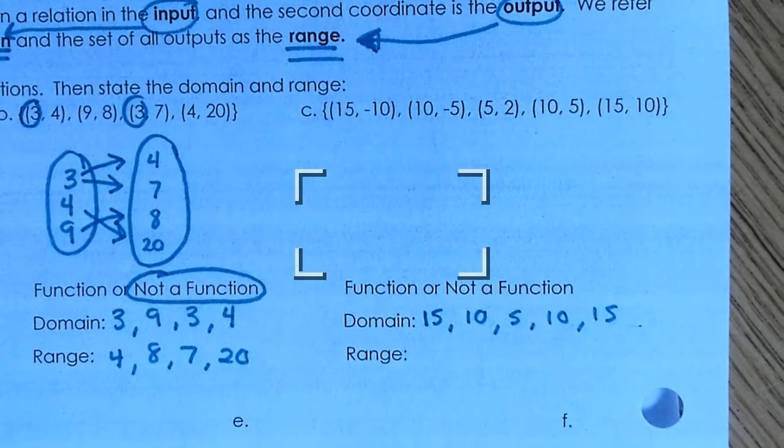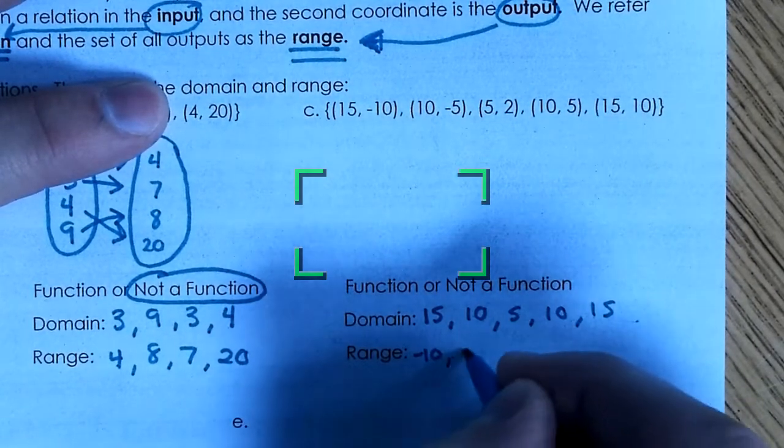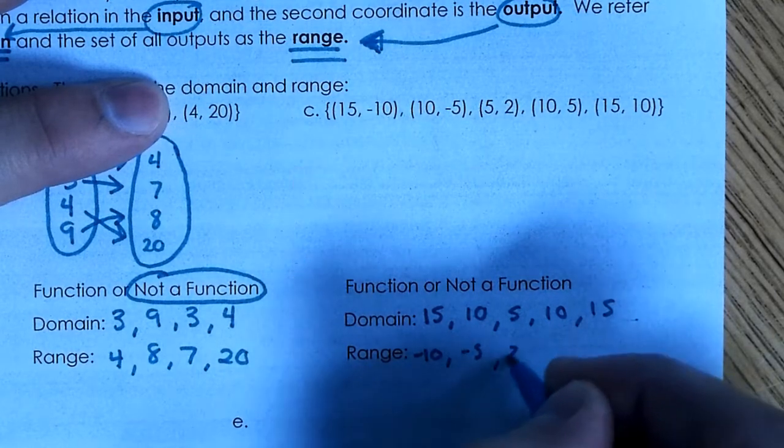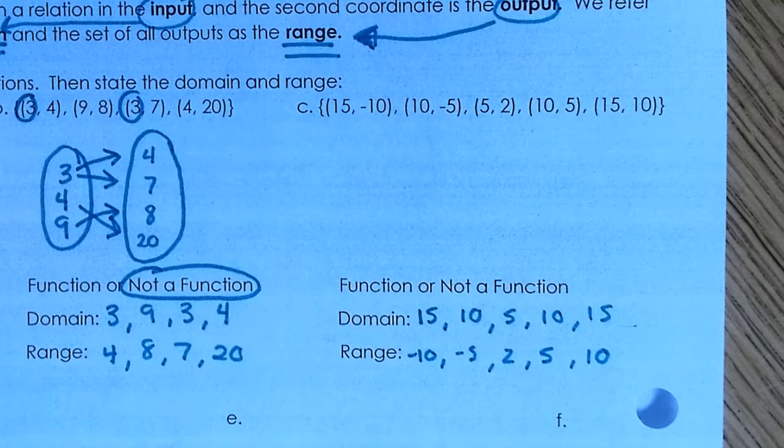What's my range? What are my outputs here? -10, -5, 2, 5, 10, right? All right, so what is the issue with this, Markel? What you said, numbers are the same. What numbers are the same?